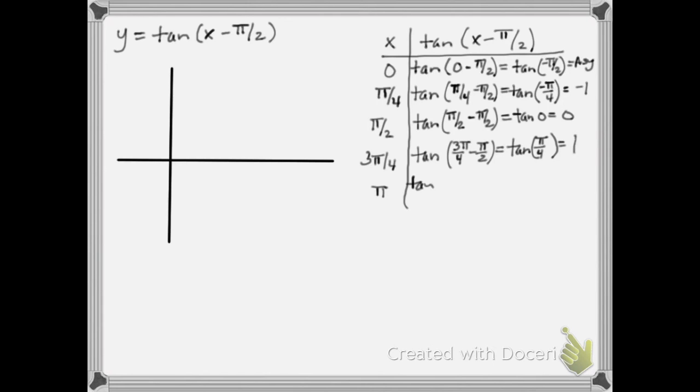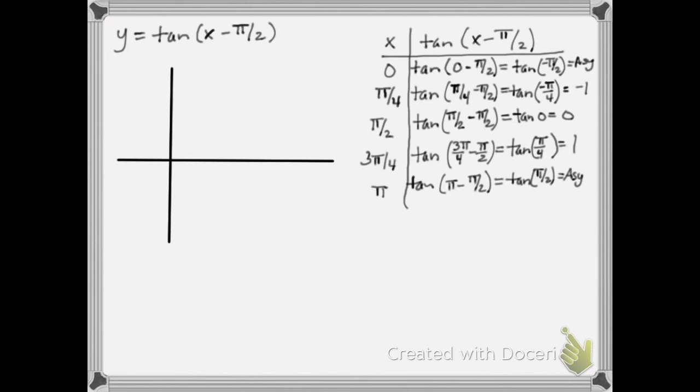And then I have the tan of pi minus pi over 2. Well, pi minus pi over 2 is just pi over 2. Remember, the tan of pi over 2, if you look at the unit circle, is undefined. So since it's undefined, it will be an asymptote there.